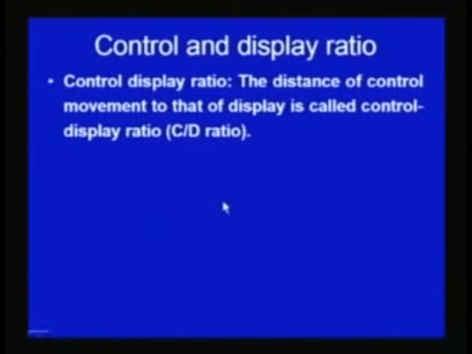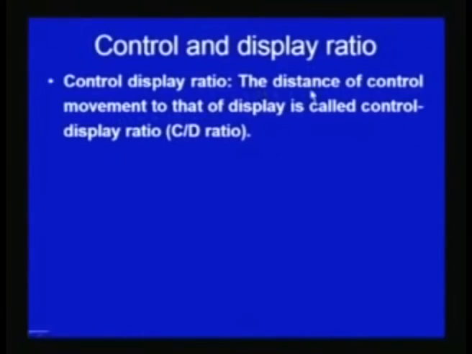The control and display ratio is one important parameter which is used in design of the control and display devices. The control and display ratio indicates the sensitivity of the control device.